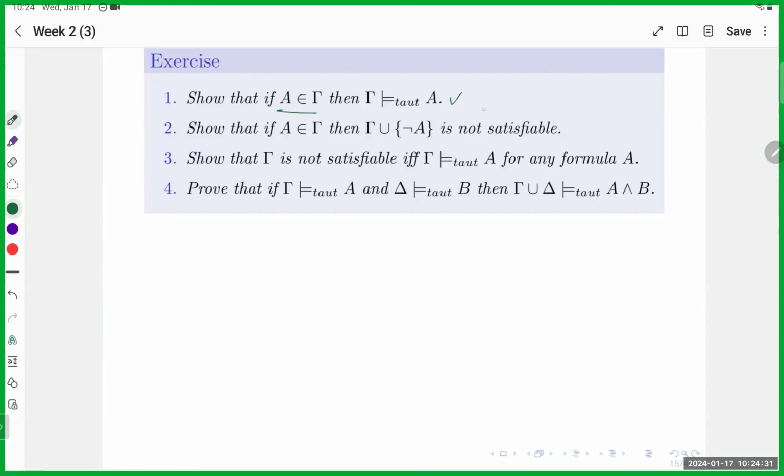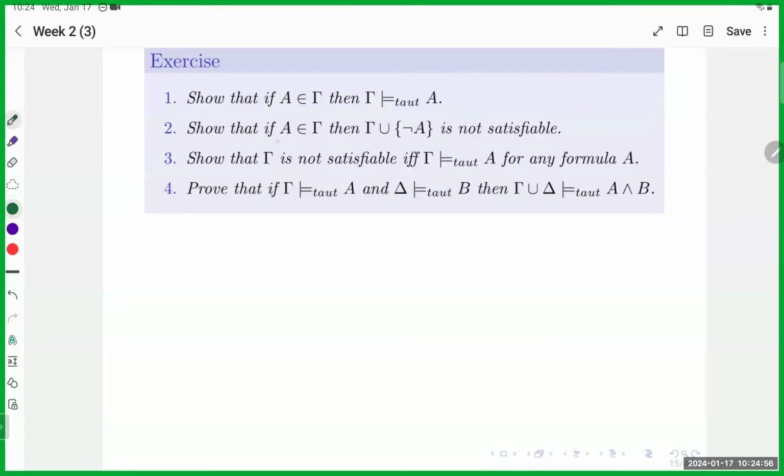But again, try to think of this with the formal definition. You take a state that satisfies gamma, that means it gives true to all the formulas in gamma, but A is in gamma, so that state is giving true to A too. Therefore, it satisfies A. So we are done.